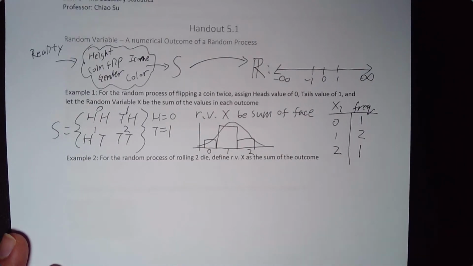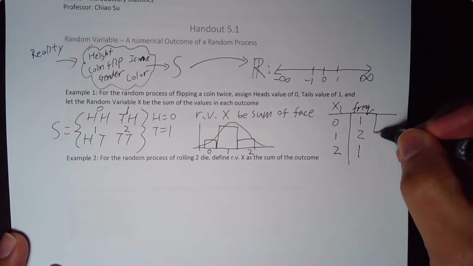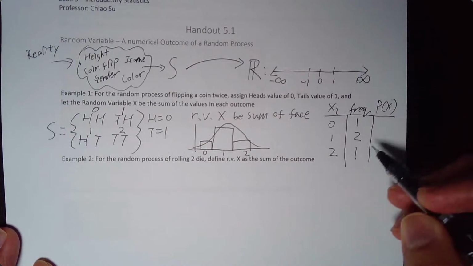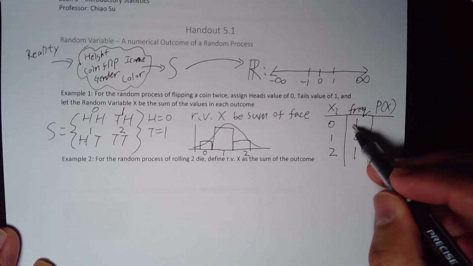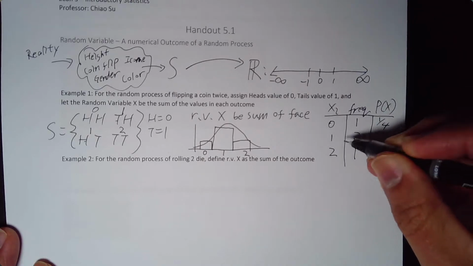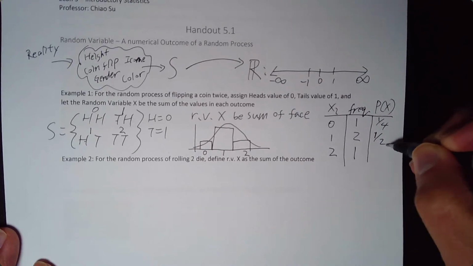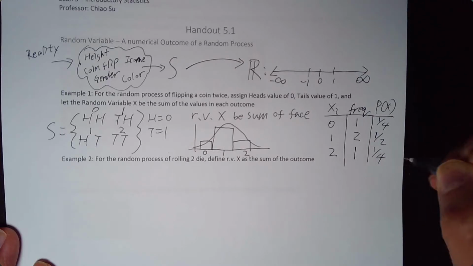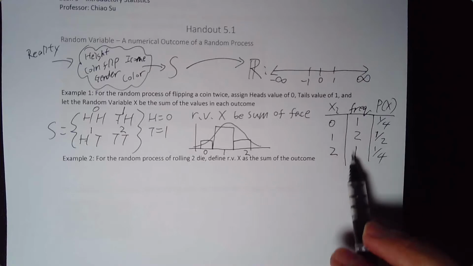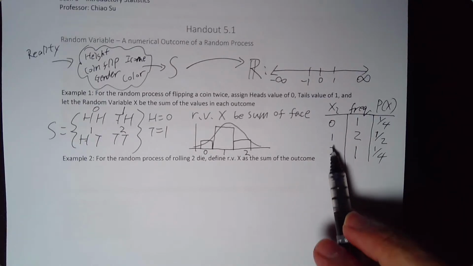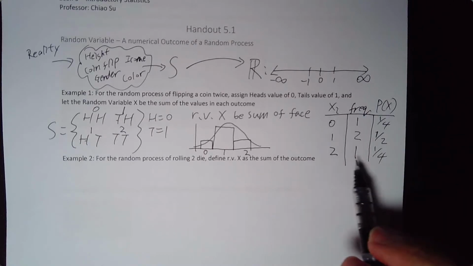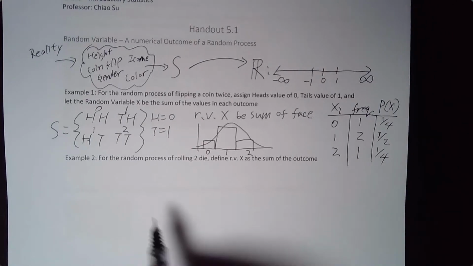Furthermore, I can calculate their probability now. So what's the probability of X? Well, this is 1 out of 4, so 1/4. 2 out of 4, so that's 1/2. 1 out of 4, that's 1/4. Okay, so that is going to be the key to a random variable: we're going to have the possible values, and then the probability of each of these values occurring.